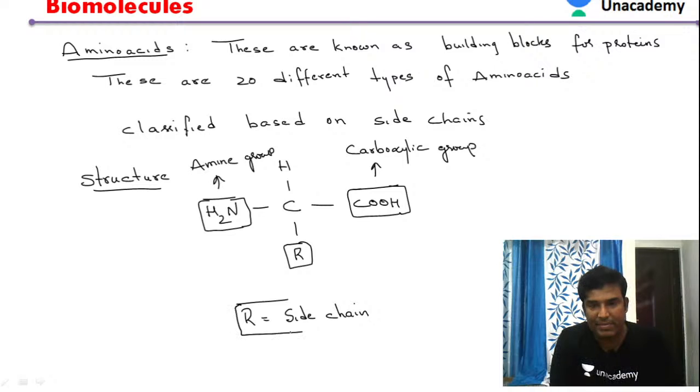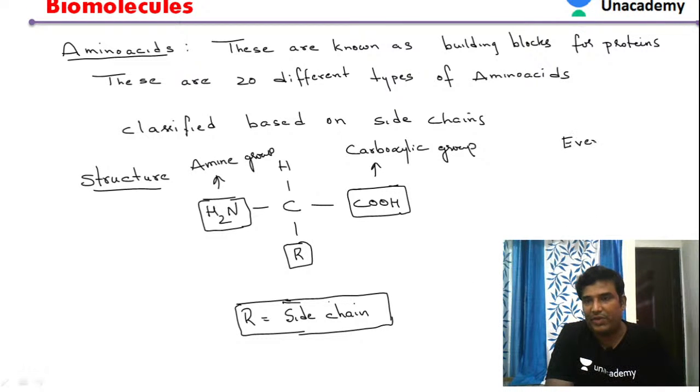That is the common thing. We have to remember that every amino acid, all 20 amino acids, has an amine group and a carboxylic group.